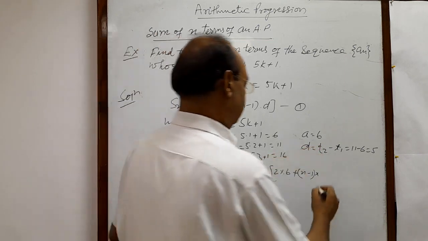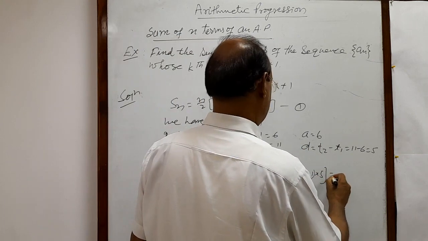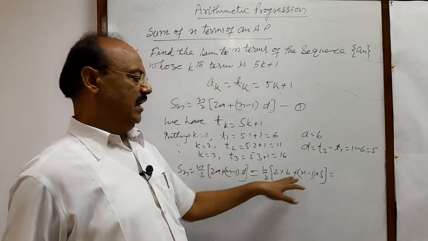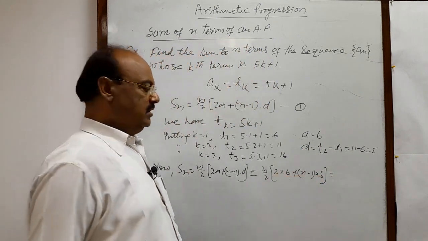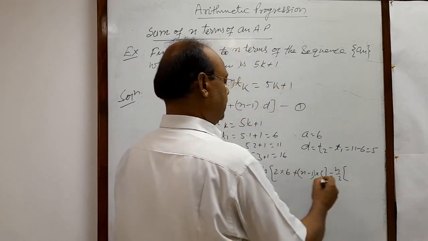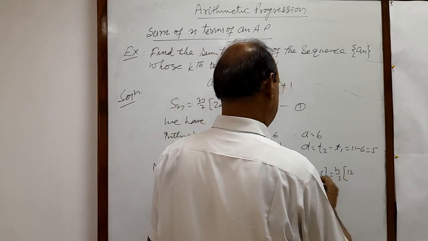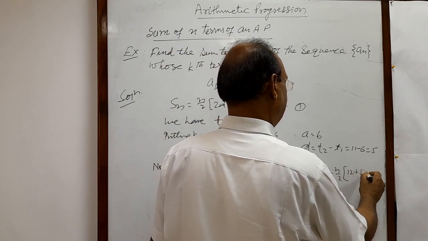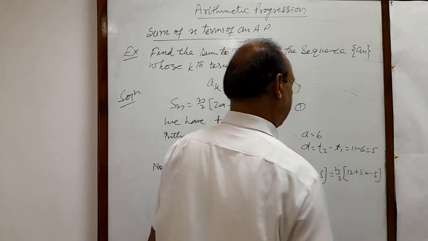D is how much? 5. Now let us simplify it. By simplifying it, we will get the required answer. So this is n by 2, 2 into 6 is 12, plus 5n minus 5.